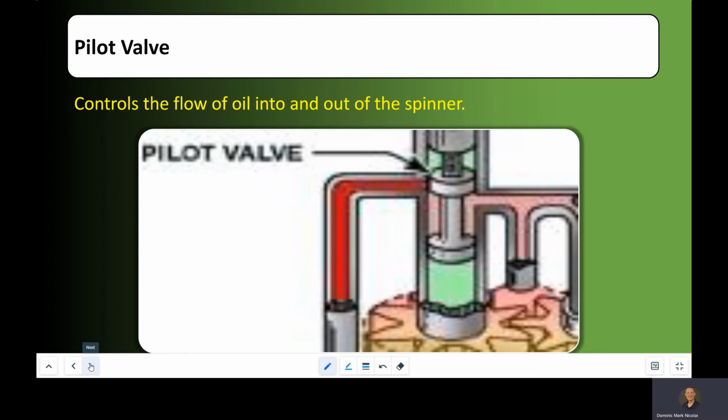We are using system oil, and your governor does have its own little gear pump in it to help boost that pressure up. Again, the pilot valve is just controlling the flow of oil into and out of the spinner.